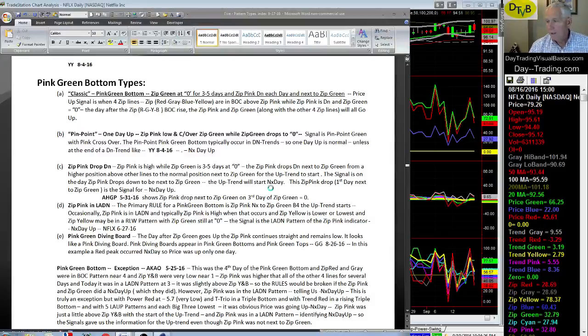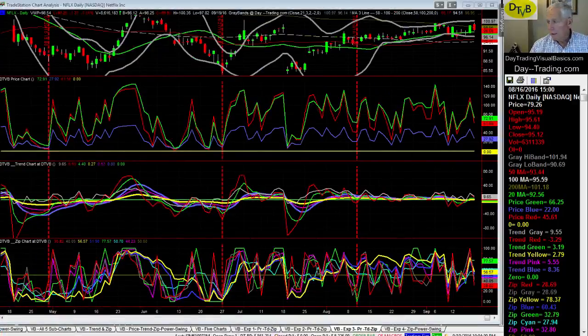Pardon me. Okay, now the vertical lines are the 3 examples that I was telling you about. The one on the right is a pinpoint zip green at 0.